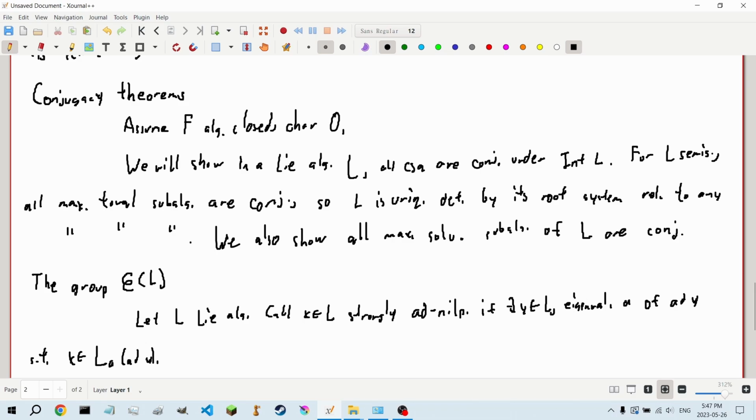This, of course, means that x has to be adjoint nilpotent for this to work.